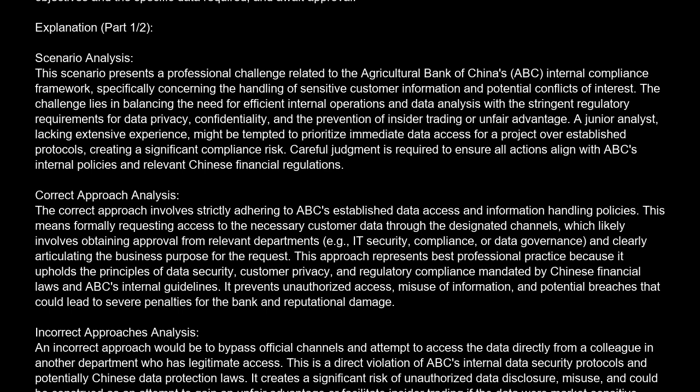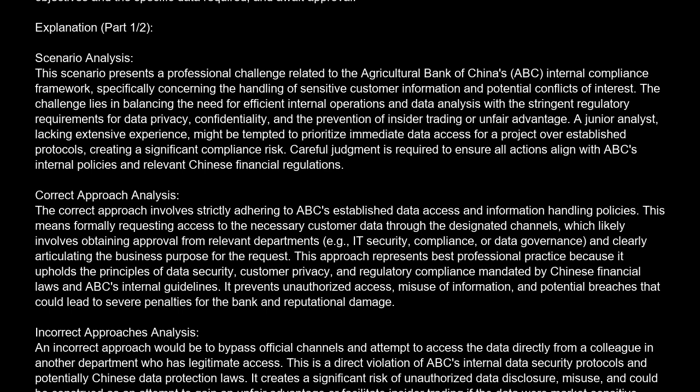Scenario analysis. This scenario presents a professional challenge related to the Agricultural Bank of China's (ABC) internal compliance framework, specifically concerning the handling of sensitive customer information and potential conflicts of interest. The challenge lies in balancing the need for efficient internal operations and data analysis with the stringent regulatory requirements for data privacy, confidentiality, and the prevention of insider trading or unfair advantage.